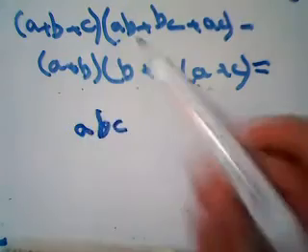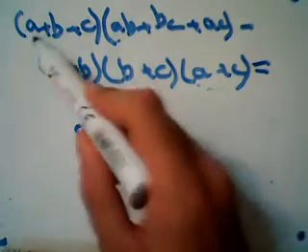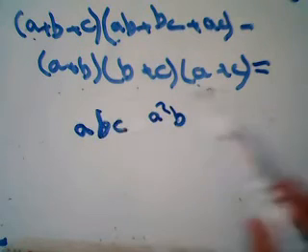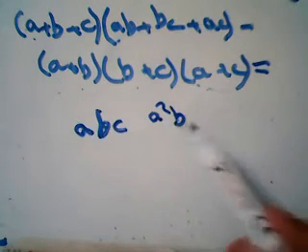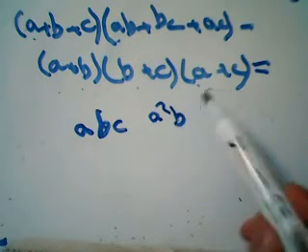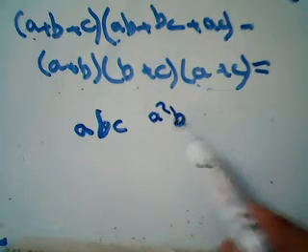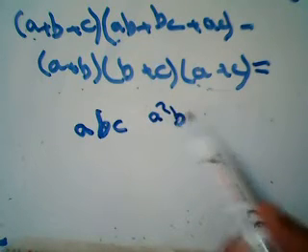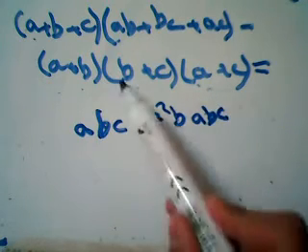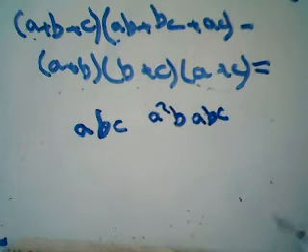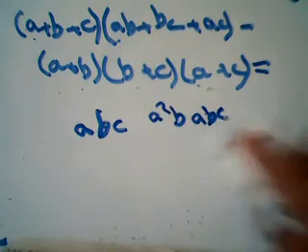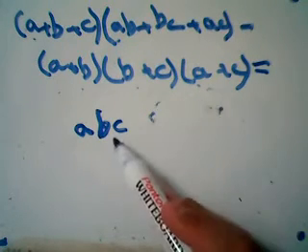For instance, the terms of this are A squared B here, and from here we got the terms in this form also, which means that the degree of this is 3. Or we got terms like A times B times C. So the degree of this is 3, so the degree of this is also 3.